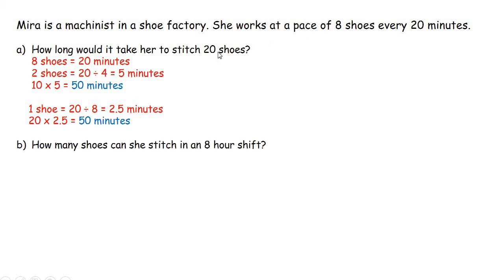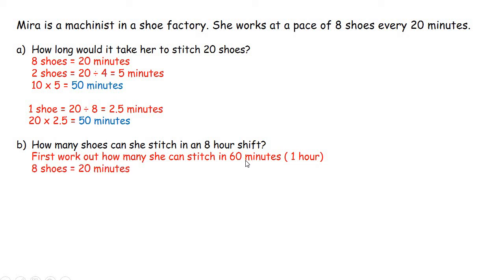So second question, how many shoes can she stitch in an 8-hour shift? I'm going to think about what 8 hours is in minutes to begin with. I know that there are 60 minutes in 1 hour. So she's going to be working for 8 lots of 60 minutes. If I'm working for 60 minutes, there are 3 lots of 20 minutes in 1 hour.